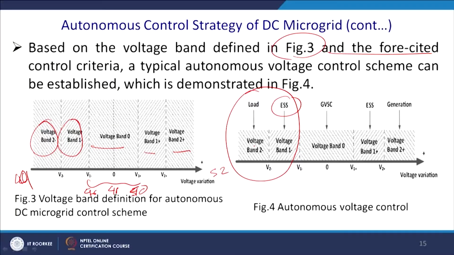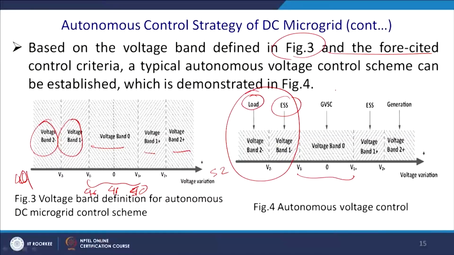So, if you are in a negative voltage band, then you require to control the voltage. Then second, if you are in negative voltage band 1, then ultimately the task of the power balance will be delivered mainly to the storage element.